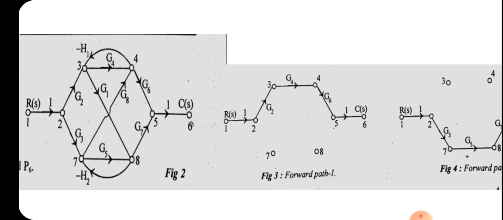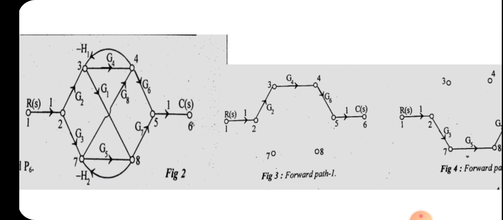The first forward path is 1, 2, 3, 4, 5, 6, and its gain is marked in the figure as 1, G2, G4, G6, 1. So its forward path gain P1 is equal to 1 into G2 into G4 into G6 into 1.